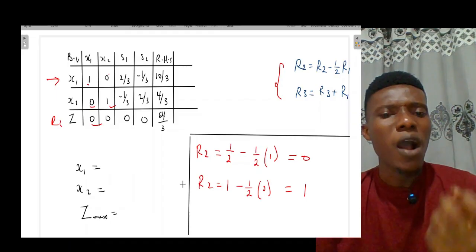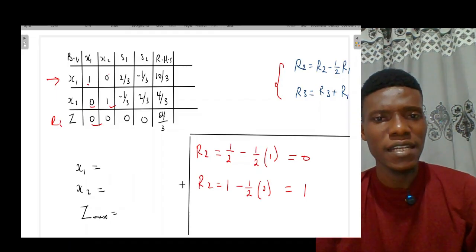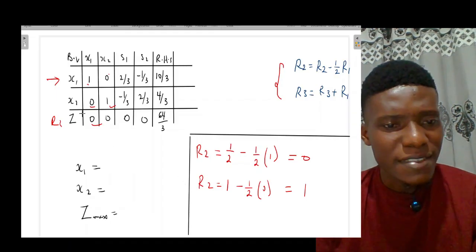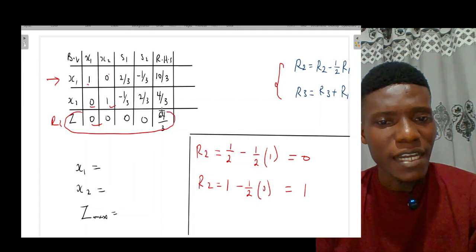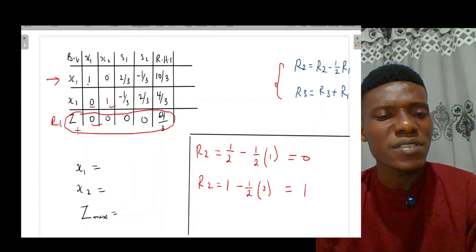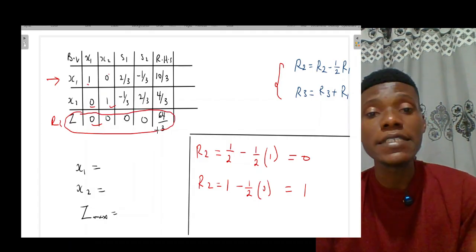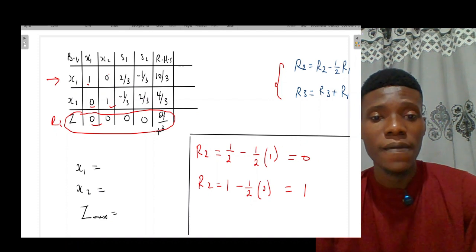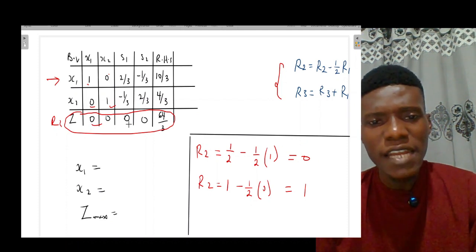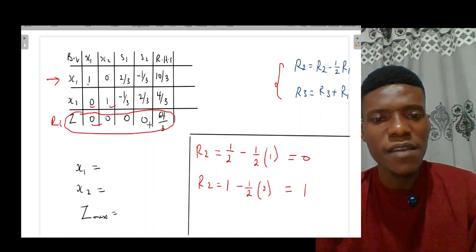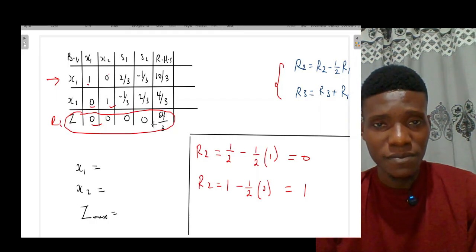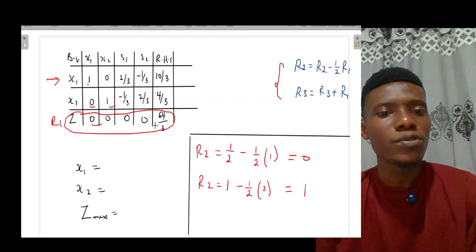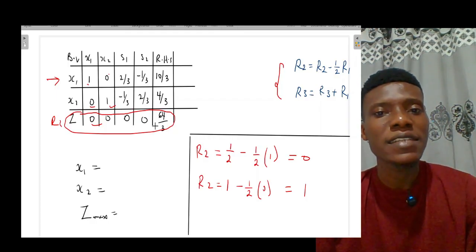Now, how do you get your final answer? Look at Z. I said something earlier, that we continue until row Z has no negative element. And when you look at the elements of row Z, none of them is negative. So you can conclude that this will be your last iteration.